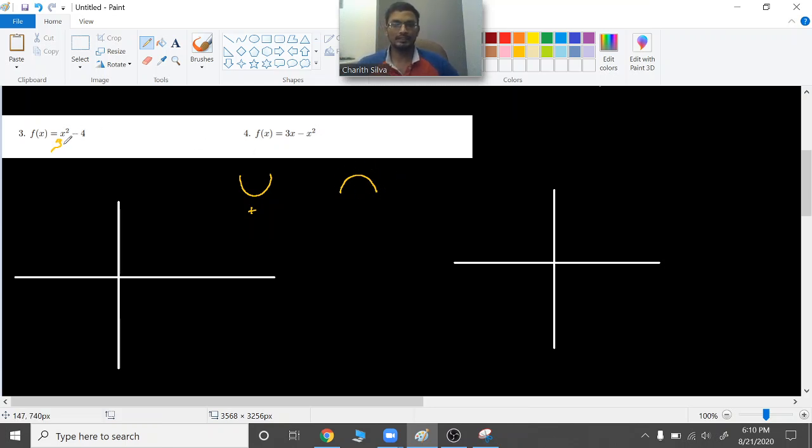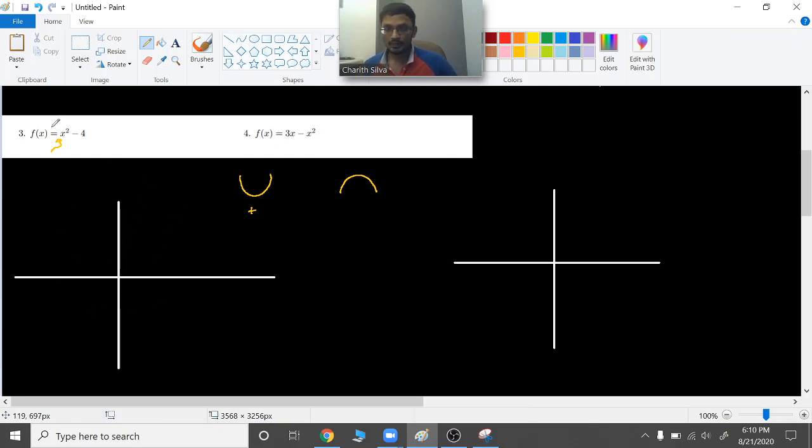So in the most fundamental sense, the graph of x squared minus 4 should have this shape. But there are more details that we need to extract from this given formula in order to draw the proper graph, right? One piece of information we need is the places of intersection.